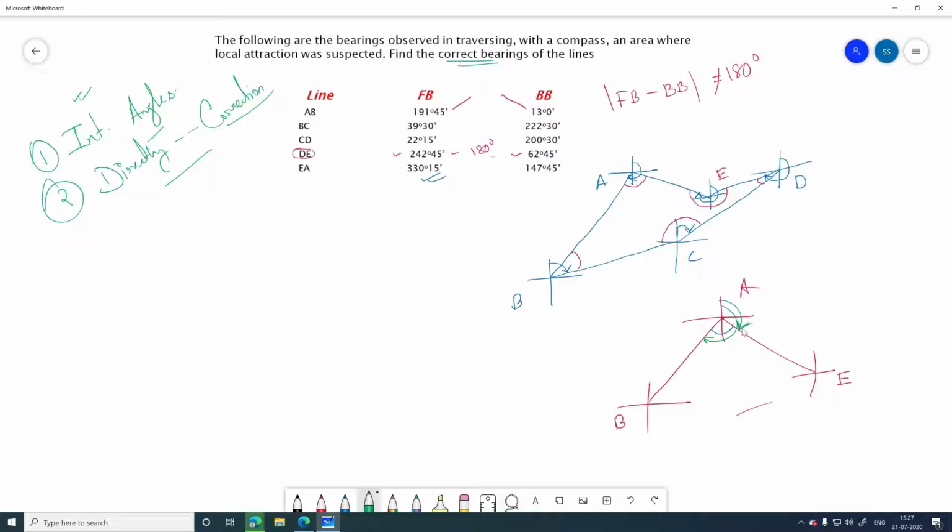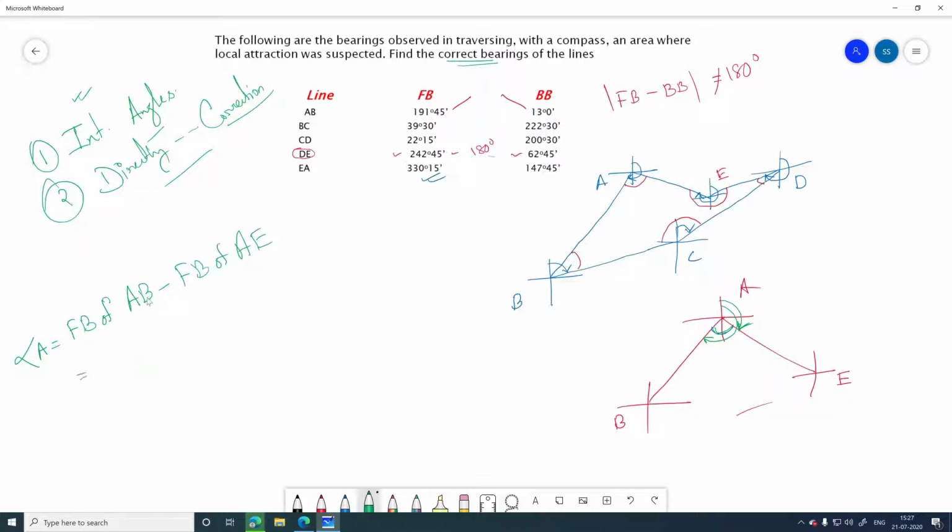If you subtract the forward bearing of AE from the forward bearing of AB, you get the interior angle. So angle A equals forward bearing of AB minus forward bearing of AE.